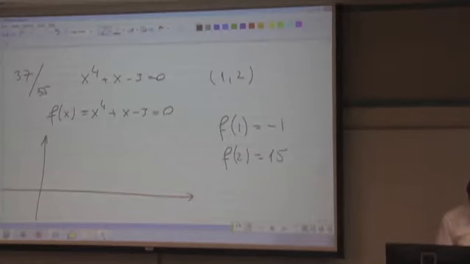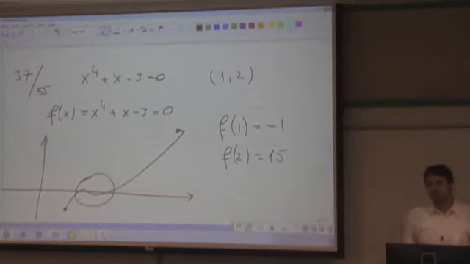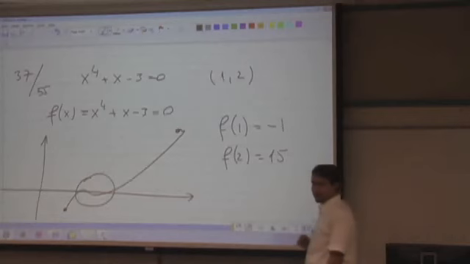Which means I start over here, I have to end up over there. How do I get there? I have to cross the x-axis, right? Which means I get my roots. Does that make sense?